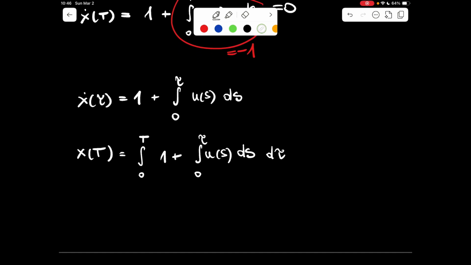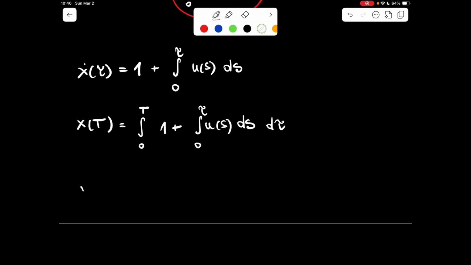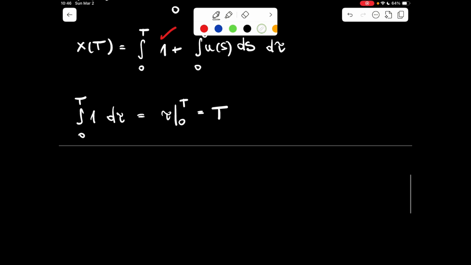And the first part is quite simple. The first part only says that we integrate 1 with respect to tau between 0 and t. So this is t. That's all. So this is the first part. The second part is a double integral, u(s) ds d tau.